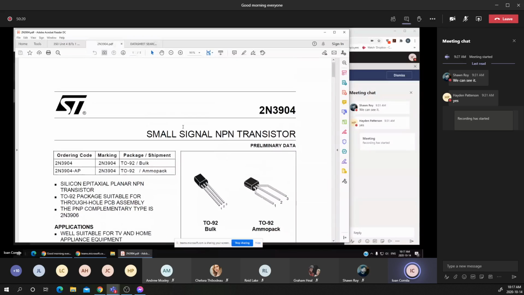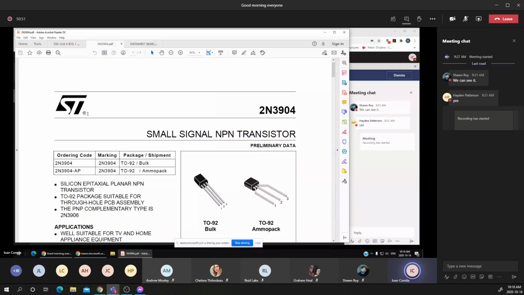2N3904. That's an ST, that's the logo for different companies, and we may see ST, we may see Motorola, we may see Fairchild, different logos for different companies. For example, ST is ST Microelectronics, which is one of the biggest electronic devices companies in the world.